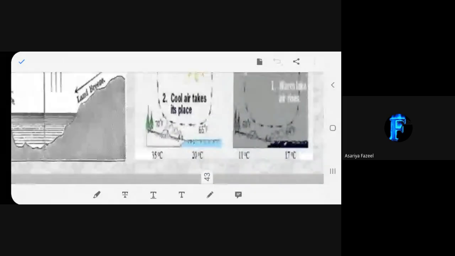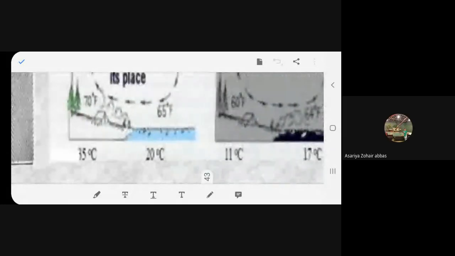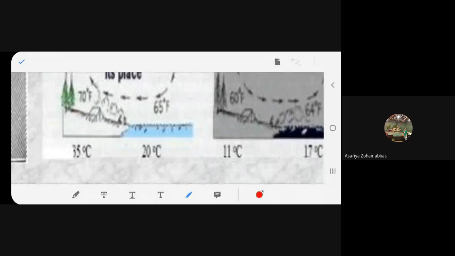But you see the temperature difference over here. The water is 20 degrees Celsius during daytime. The land is 35 degrees Celsius, right, beta? It's the daytime.